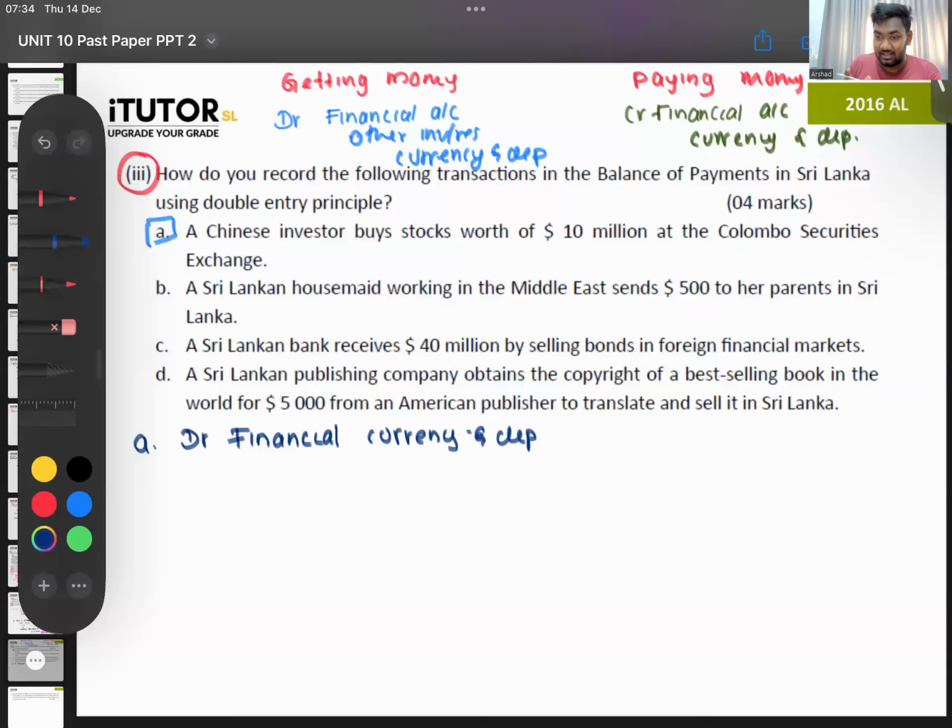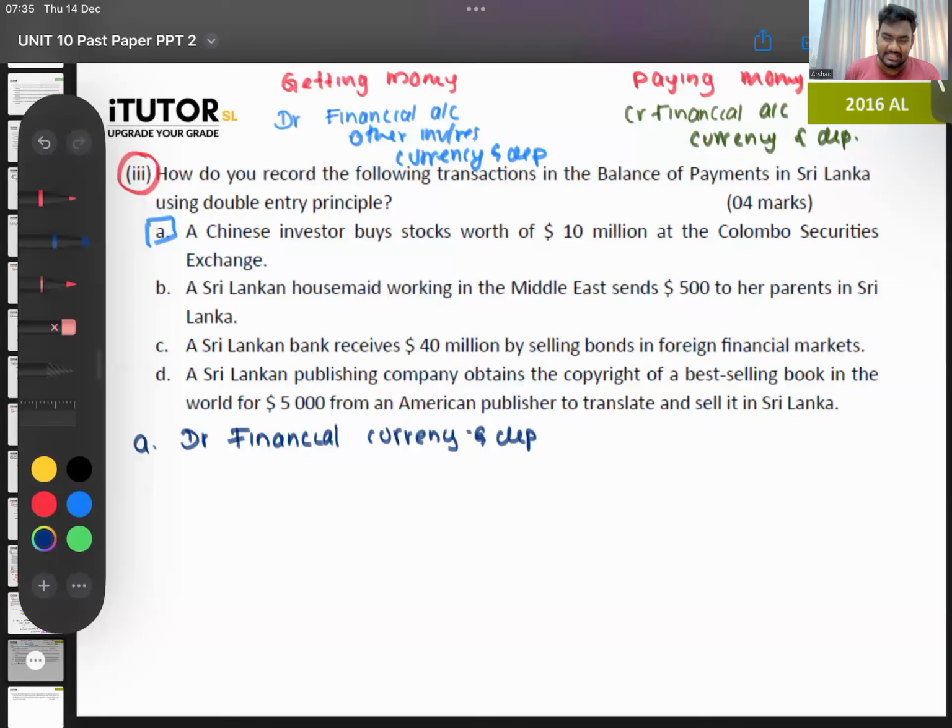Now you have to think, where does this stock go? Think of the BOP format and see. Is it in the current account, trade account, services, primary income, secondary income, capital account, or financial account?